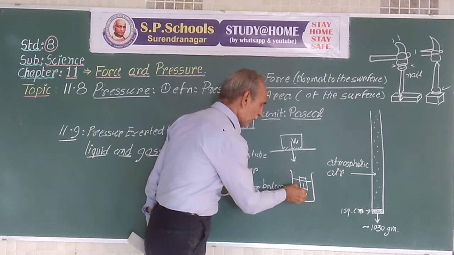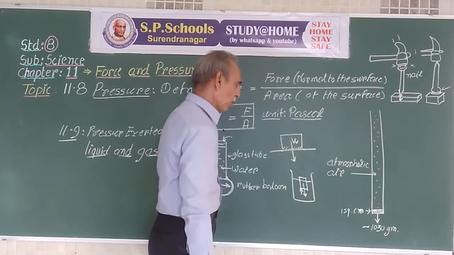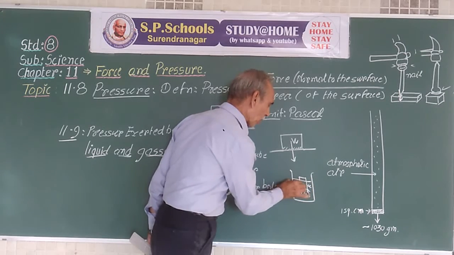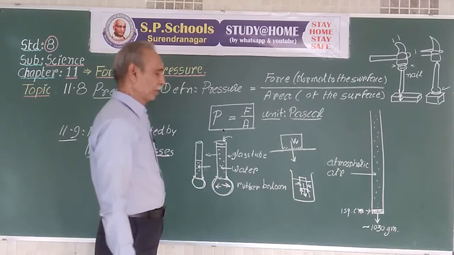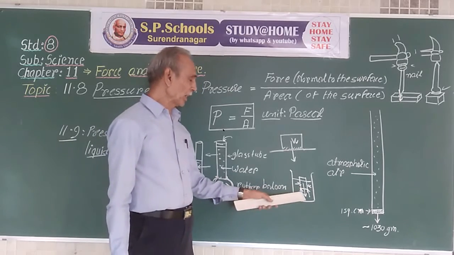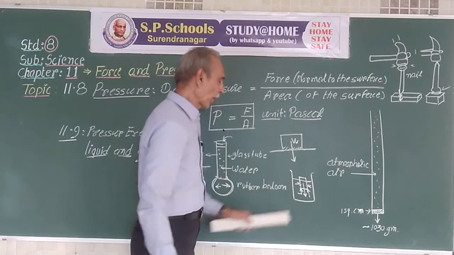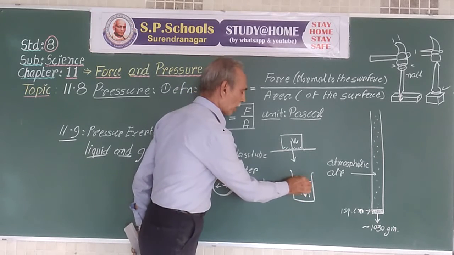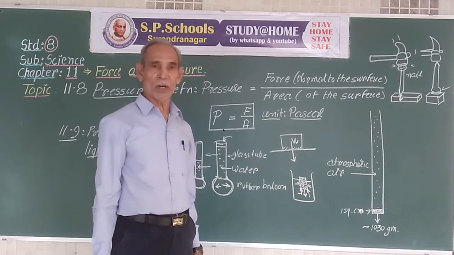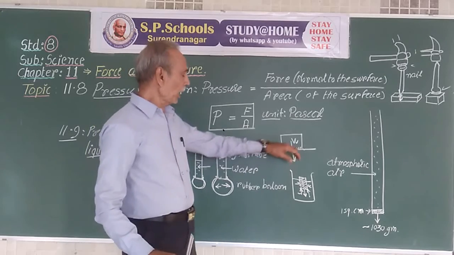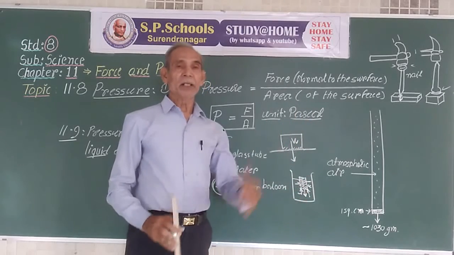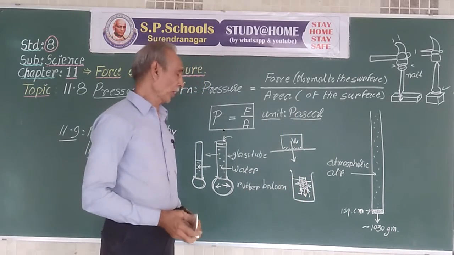The weight acts downwards, the pressure of the water will be upwards. Water will also create pressure on the sides too. But this pressure created on the sides is equalized, whereas the upward pressure being greater because of water, the wooden block is made to float on the surface of water. Suppose we put an iron bullet, it will sink down because its weight is greater than the force exerted by water.